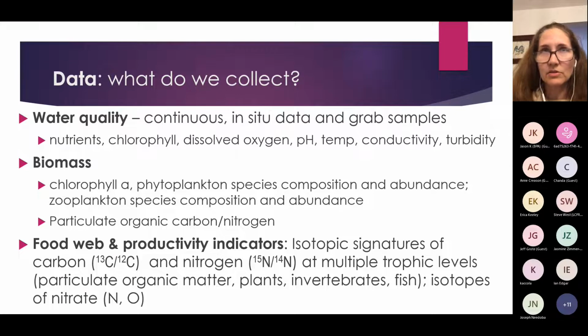So we're trying to fill in the gaps with respect to what's in the water, the organic matter, and the lower food web that uses that organic matter or produces it. And then finally, food web and productivity indicators, and that's the isotopic signatures of carbon and nitrogen at multiple trophic levels feeding into the salmon food web. And we also look at the isotopes of nitrogen and oxygen in nitrate, and I'll talk about that a little bit later.